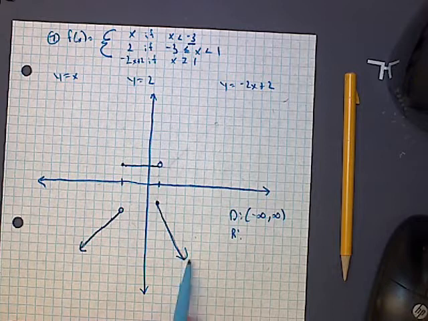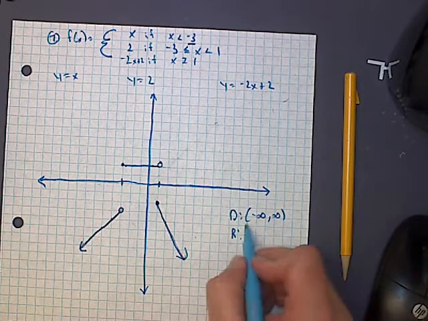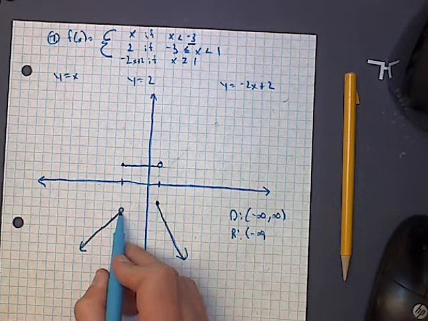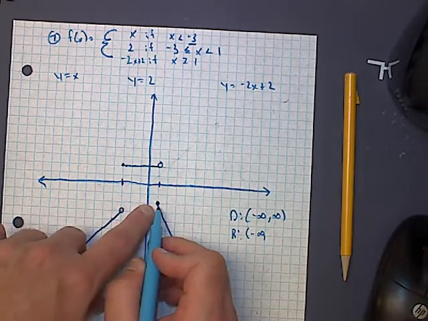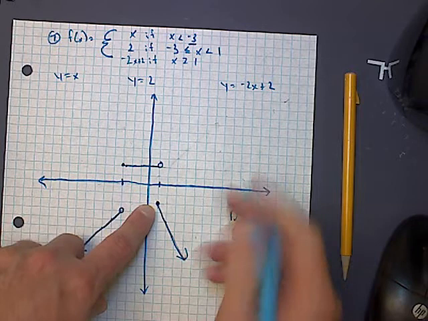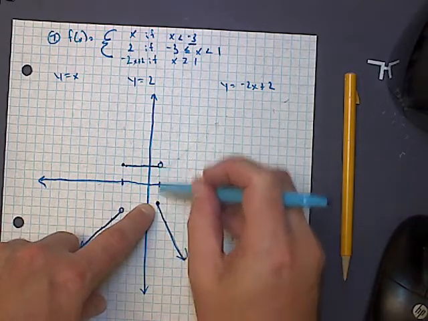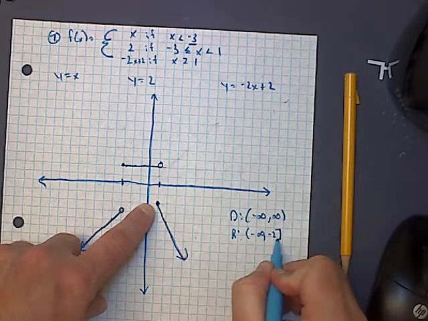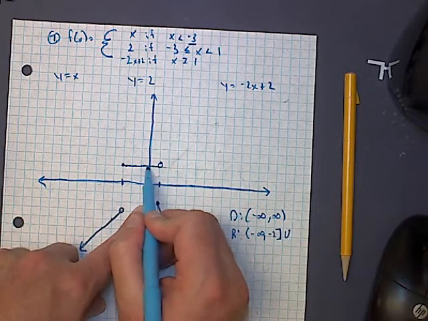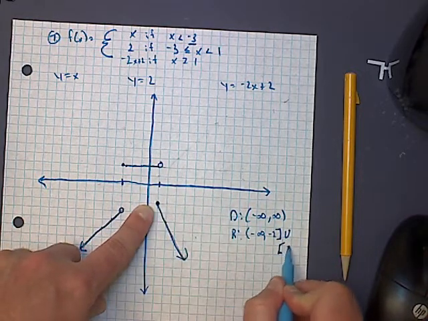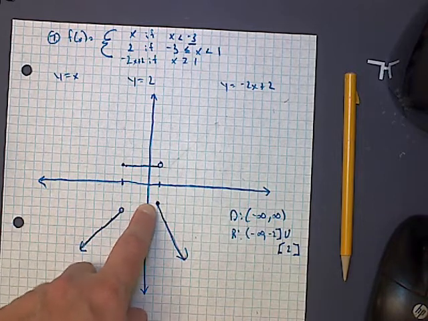Range. Start from the bottom. The arrow, so it's going to negative infinity. Even though it's open, it cancels it out over here. And it goes up to negative 2. Now watch this. There's nothing in between here to here. So you have to put a break in your range. And if you look, the range is on length. What value up here? 2. So this will be one where you just have a number in bracket.